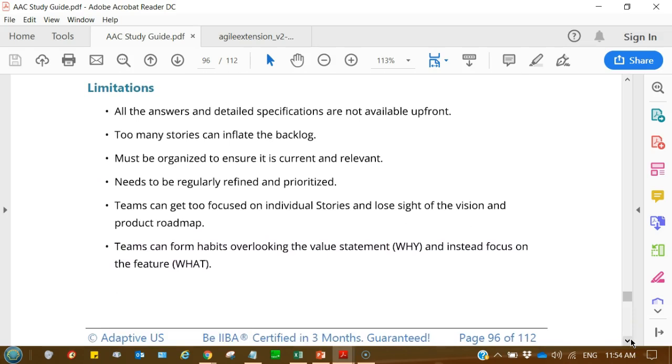Limitations on using user stories. Obviously, they are generally used in a paradigm where we're talking about just-in-time delivery as opposed to predictive delivery, so that if you're working with this paradigm, you don't have all of the details up front. You don't have the level of detail that you might have if you did full predictive planning.